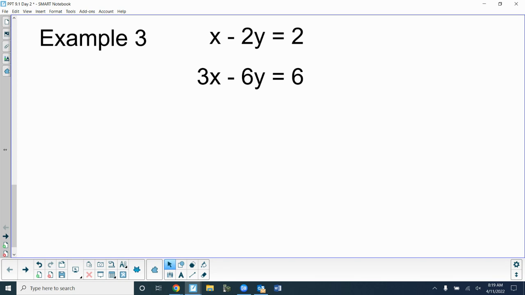Good. All right, so what happened here? What'd you have to do to the top? Multiply by 3 to get the x's the same, or to get the y's the same, you have to multiply by 3, right? It's your choice, again, x's or y's, okay?